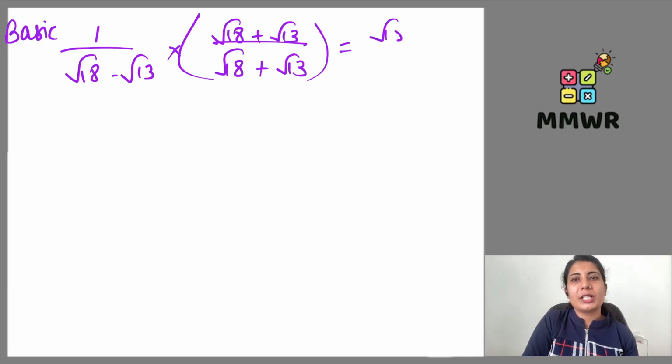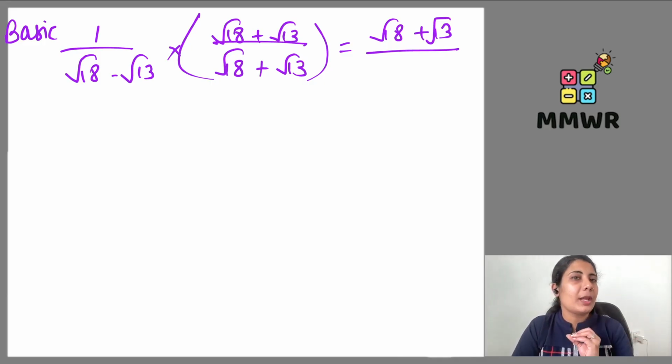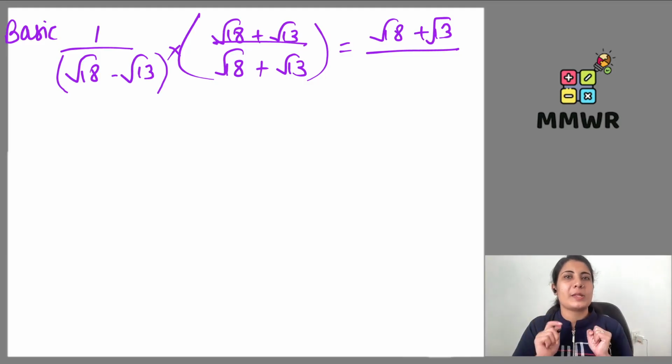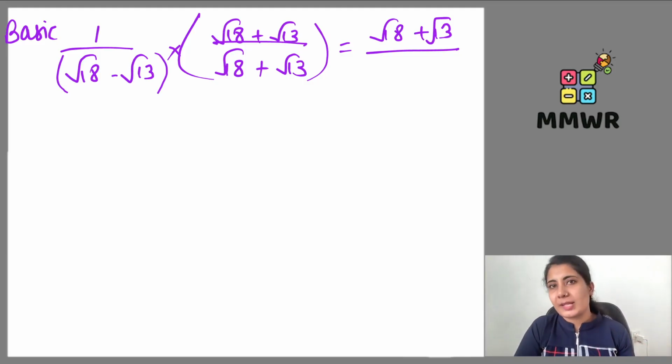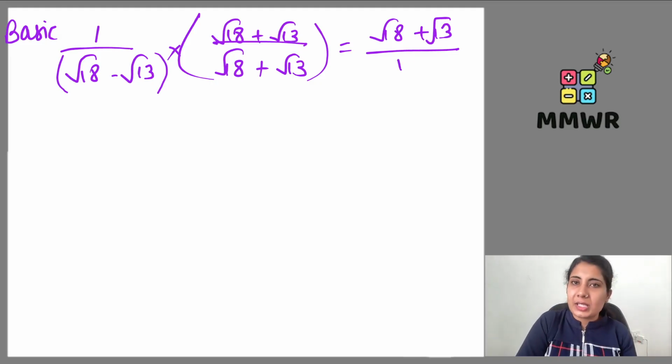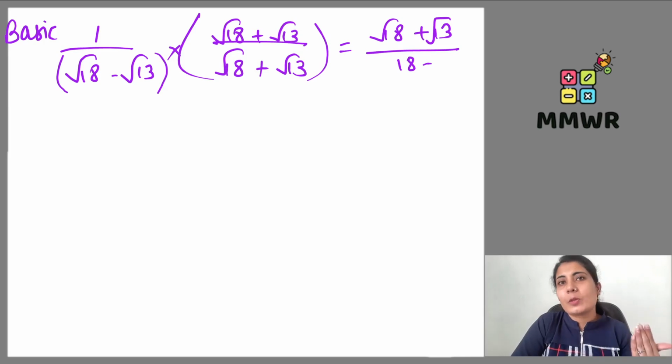So this gives me root 18 plus root 13. When I multiply root 18 minus root 13 with root 18 plus root 13, this gives me the same type of identity, a minus b times a plus b, which is a square minus b square. Now a square, that means root 18 square, which is 18, and b square, that means root 13 square, which is 13.